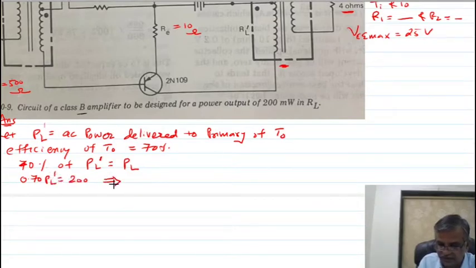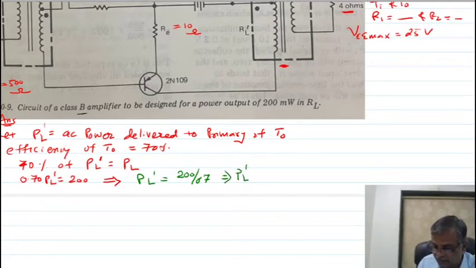From this, PL dash is 200 upon 0.7, which is nearly 285 milliwatt.